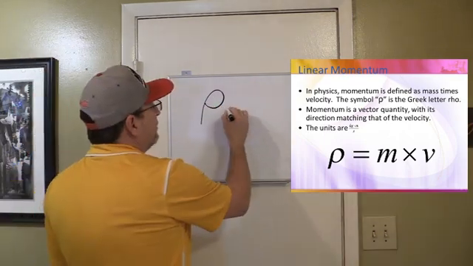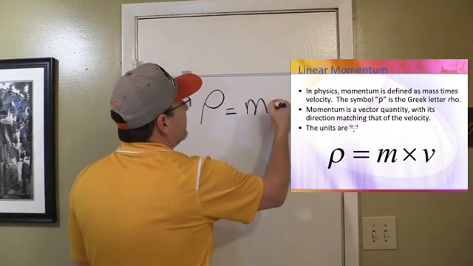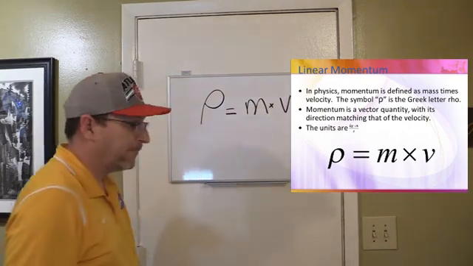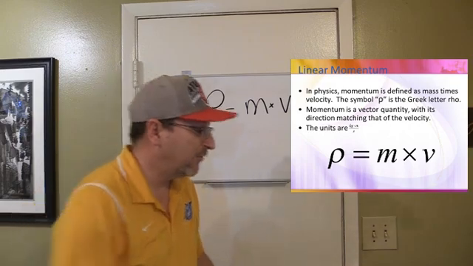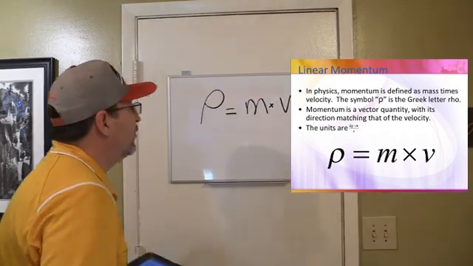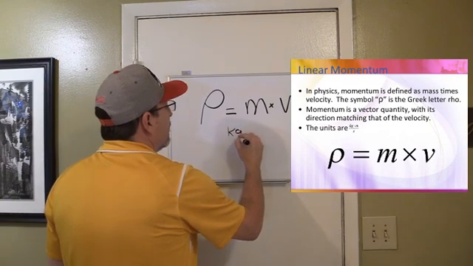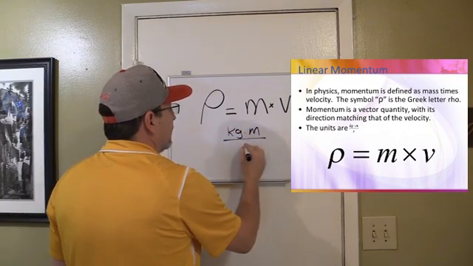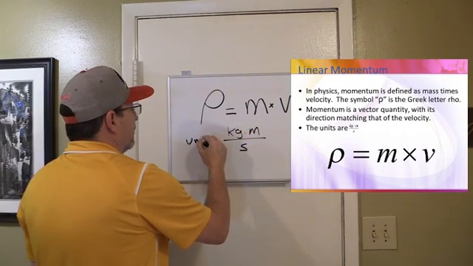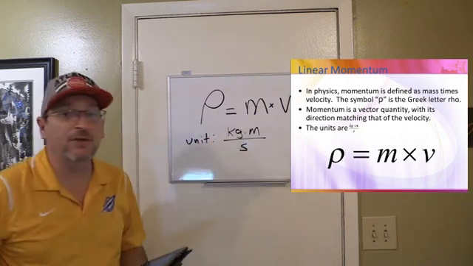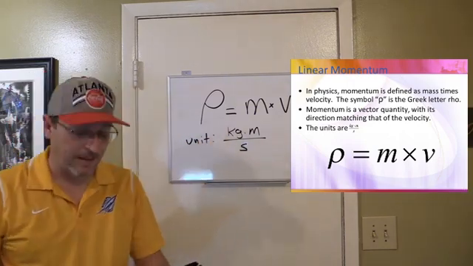So momentum is equal to mass times velocity. Okay? So that's the formula that we're going to be using. The units for momentum are kilogram meters per second. So that's the unit that we're going to use for momentum.